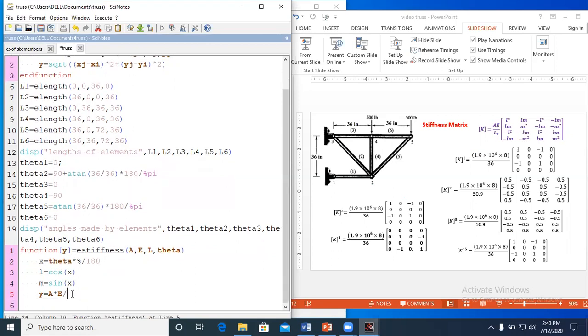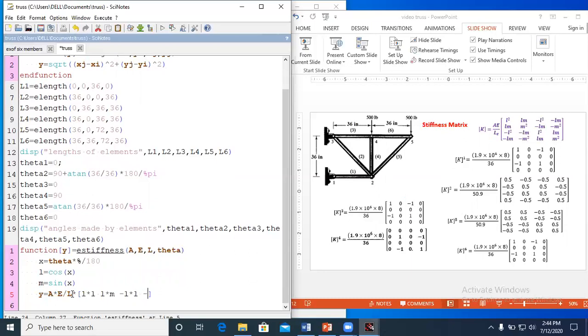A by L into, in matrix form, L square, you can write L star L. Next L into M. Next minus L square.